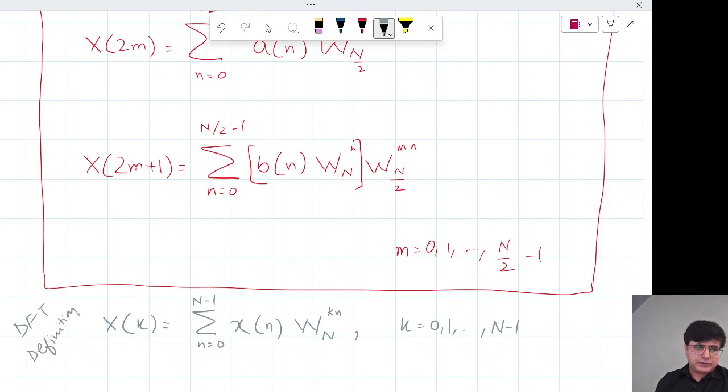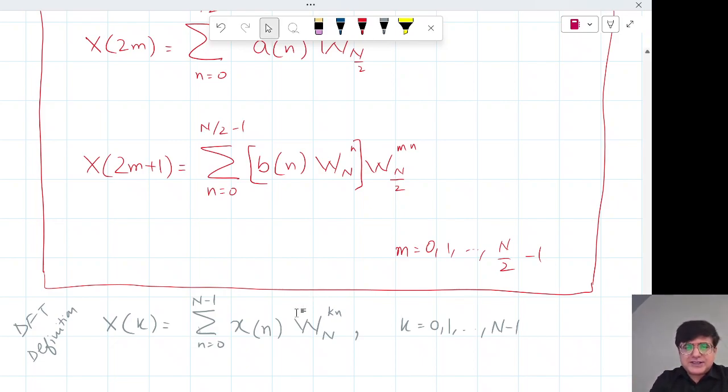So, how long is the signal x of n here? How many points does it have? I am summing up over how many points? It goes from 0 till N minus 1, right? So, how many points are there between 0 and N minus 1? N points, right? I mean, these are discrete, right? Going from 0 to N minus 1, you have N points.